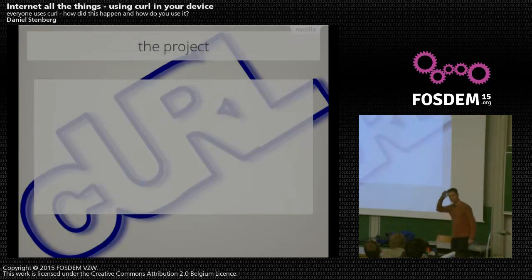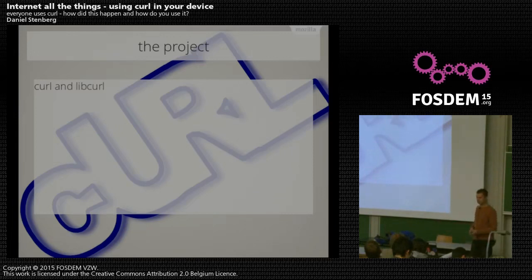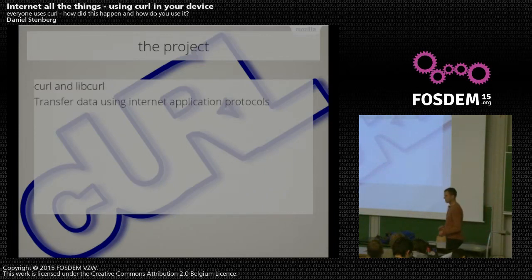So we have the curl project. We do curl and libcurl. Curl is the command line tool, libcurl is the library. Small and tiny things. We transfer data, internet application data, back and forth. That's what we do. We provide these. They're stable.